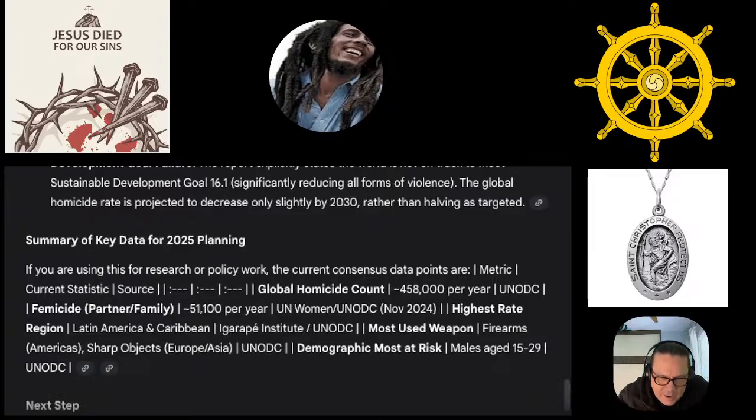Femicide is about 51,000 per year. This is basically the demographic numbers, which are saying these numbers are not set in stone. They are given with that little squiggly line, which is the symbol for an approximate number.